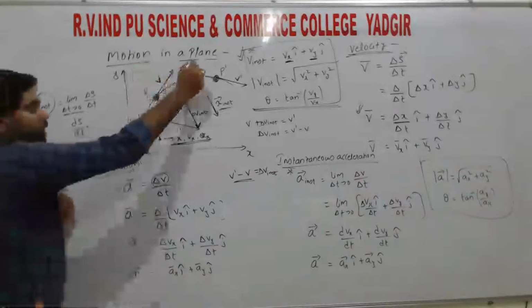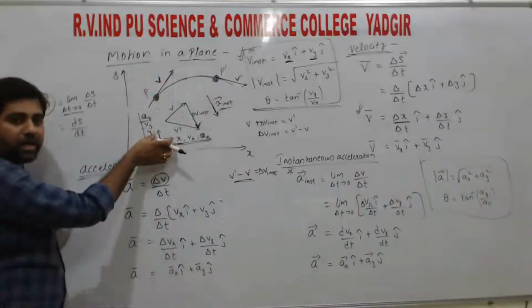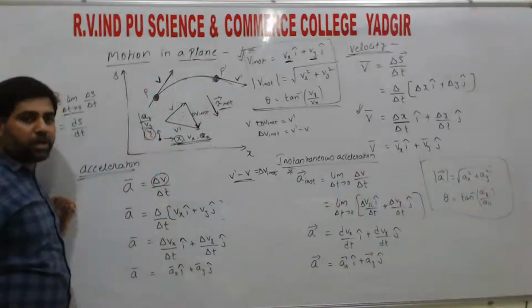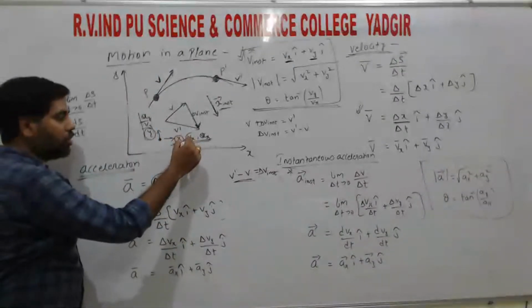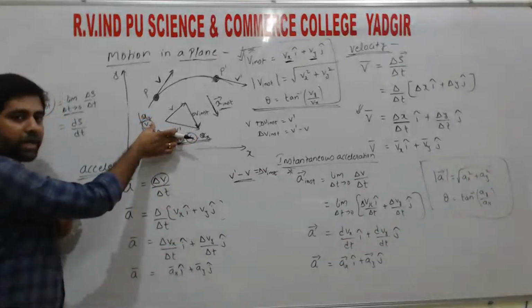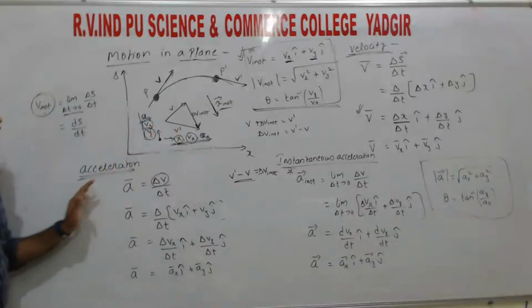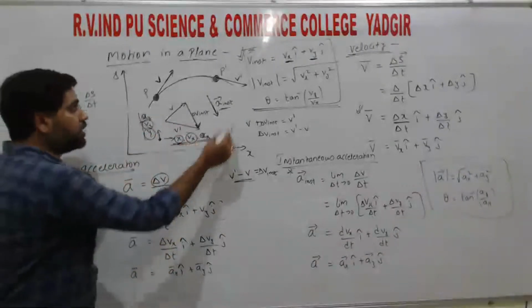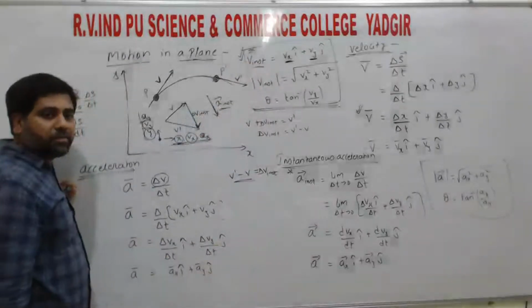So in motion in a plane, simultaneously at a time we are considering the displacement along x-axis, displacement along y-axis and velocity along x-axis, velocity along y-axis. So we will do it at a time, simplifying, so here we will not have initial velocity and final velocity. Just the velocity, that is the instantaneous velocity.